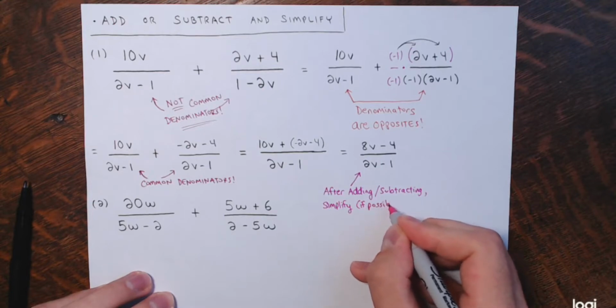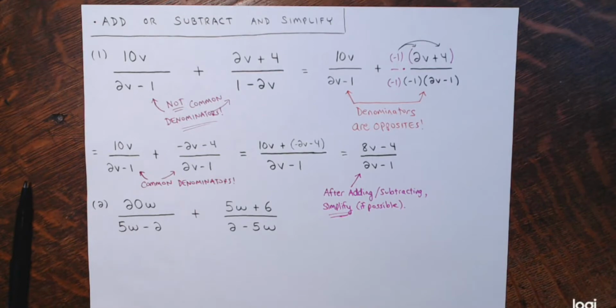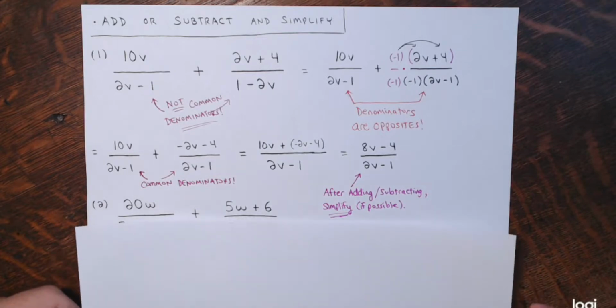Now, hopefully, again, you remember how to simplify fractions. So you factor the numerator completely, factor the denominator completely, and then cancel any common factors that the numerator and denominator may have. All right, so I'll pull this to a separate sheet here.